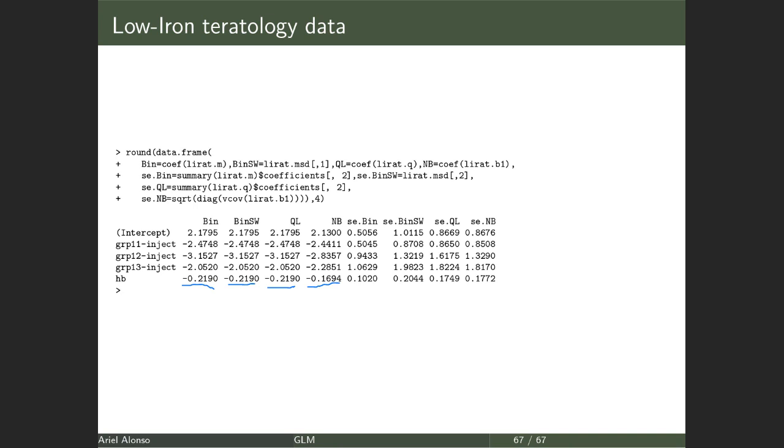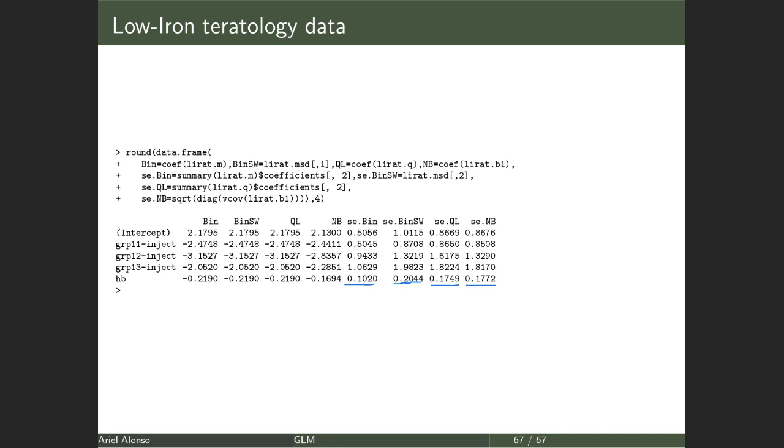And here you have the standard errors you get for these parameters with the binomial model, and you see that they tend to be, generally speaking, too small. But you know that this is because the model is misspecified. The binomial model standard errors tend to be smaller. And here you have the ones you got with the sandwich estimator, the quasi-likelihood, and the negative binomial.